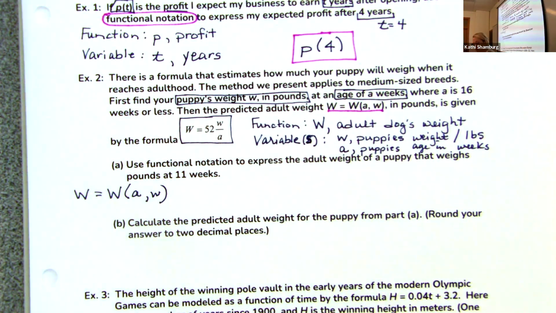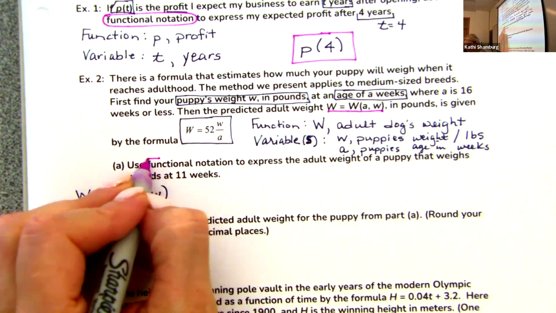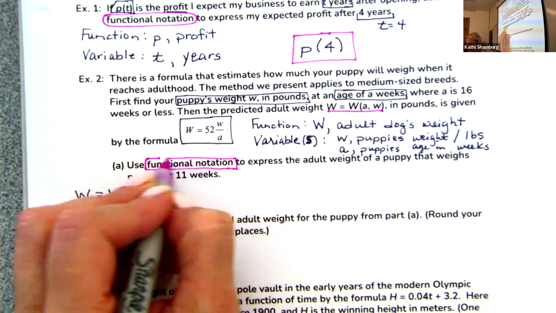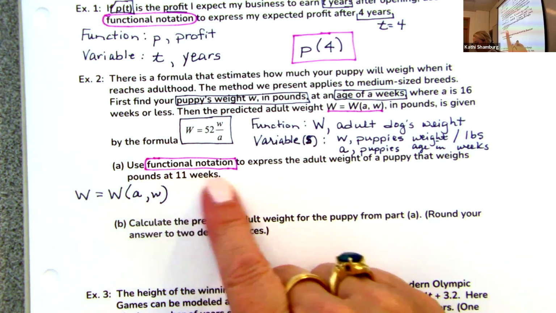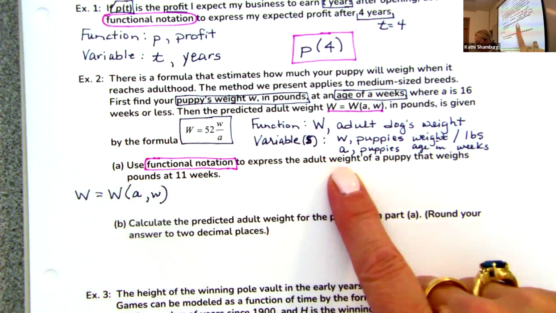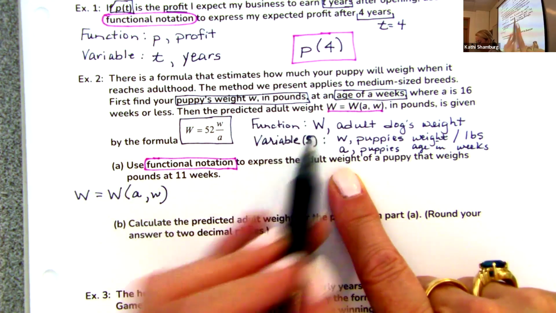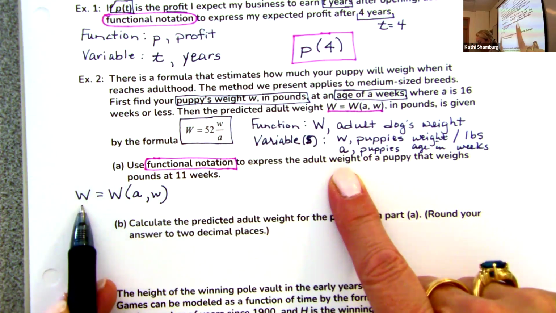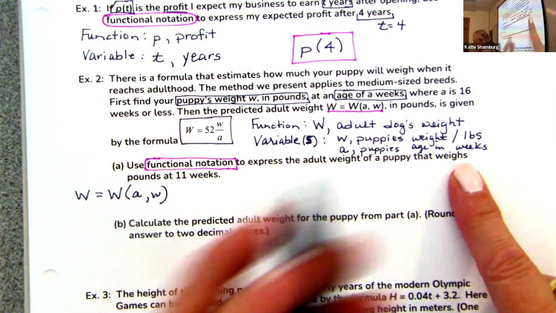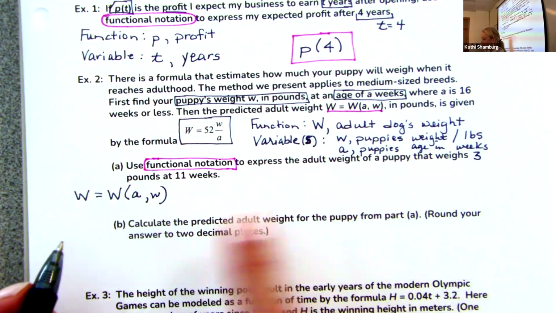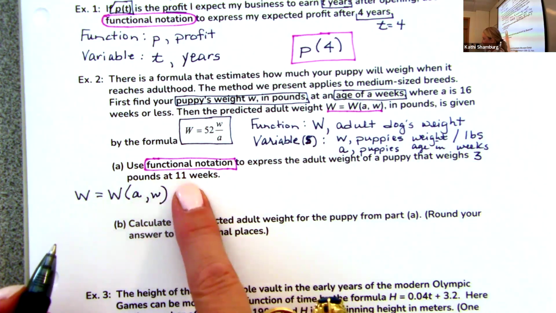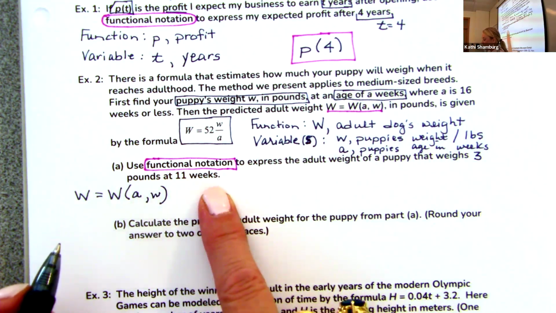This says use functional notation. So again, my answer is just going to be a functional notation. I'm not going to calculate it. Use functional notation to express the adult weight. Well, notice W is the adult weight of a puppy that weighs 3 pounds at 11 weeks.